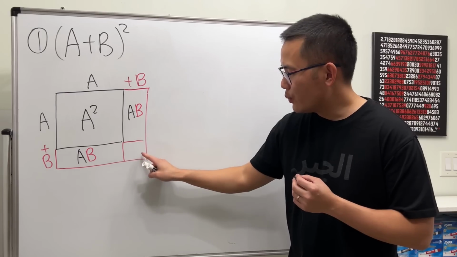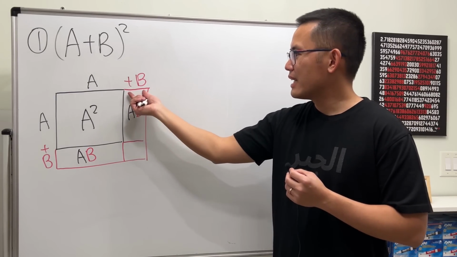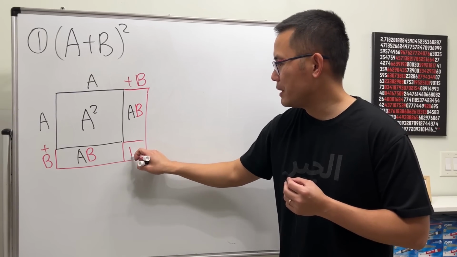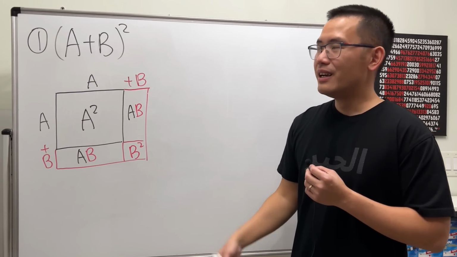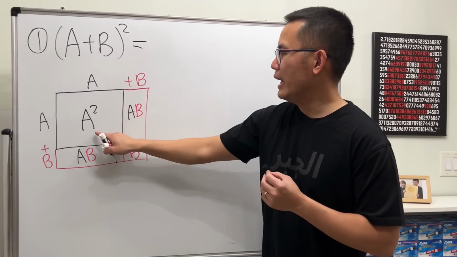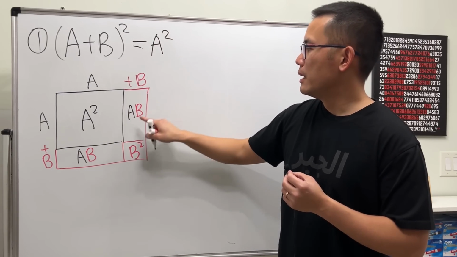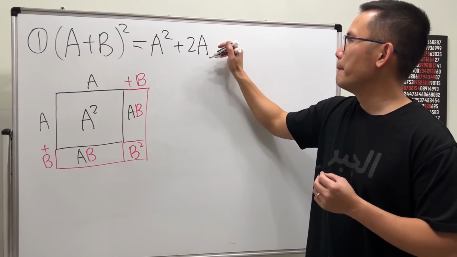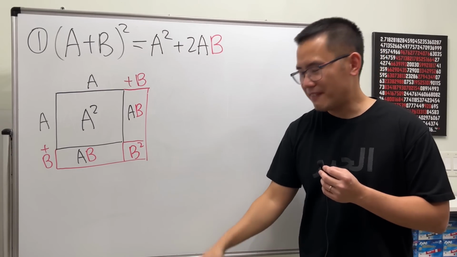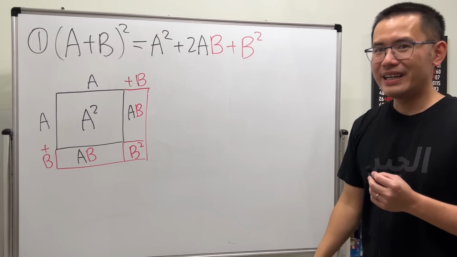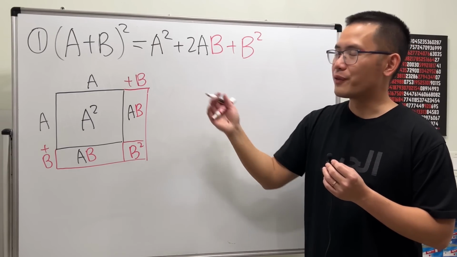And finally, we have a little corner here. That's B right here, B right here. So this area is B squared. So have a look. The total area is equal to A squared. And we have two of the ABs, so just add 2AB. And finally, we have the plus B squared. Right? So this is the geometry proof for the first one.